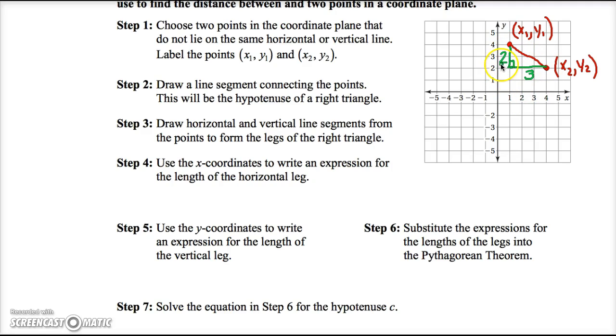Now, step 6 says to substitute those into your equation for the Pythagorean theorem. So that would be 2 squared plus 3 squared equals, and then we're trying to find c right there, c squared. And really you could make that any variable you want.